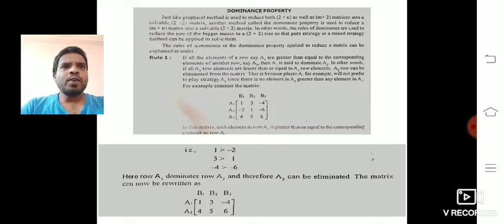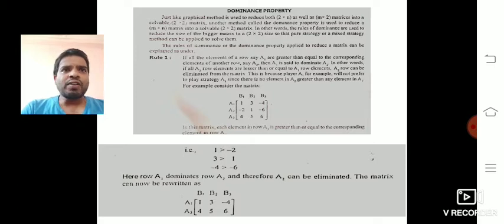The dominance property is the method you are going to use to reduce the matrix into its final form, that is, a 2 into 2 matrix. Suppose we have an m into n matrix; we need to convert it into a 2 into 2 matrix.